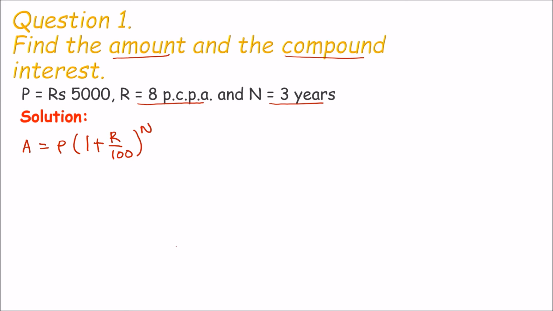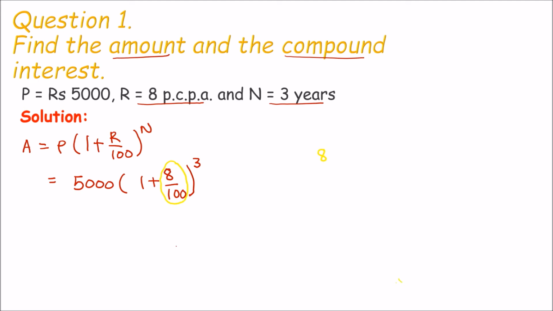Now we are going to substitute here the value of P, which is 5000, 1 plus R is given 8 upon 100 raised to 3. Okay, after substituting the value of P, R and N in this formula, we will go for the lowest form of 8 upon 100.